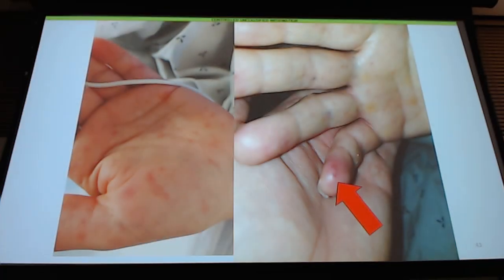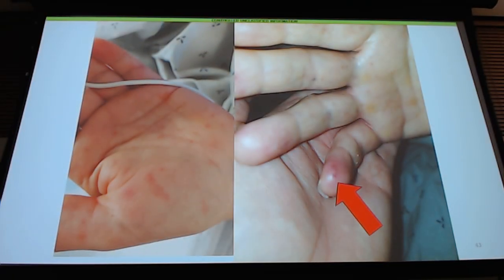So let's go back to the case that we started with. If you remember, we talked about how the patient started to have these weird rashes developing on her hands and her feet. We said that the rash on the left-hand side was painless, and the one on the right was painful.